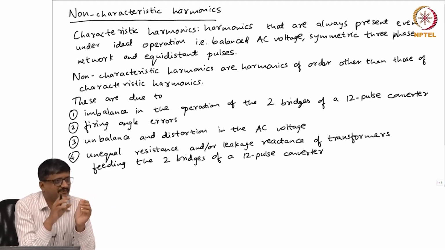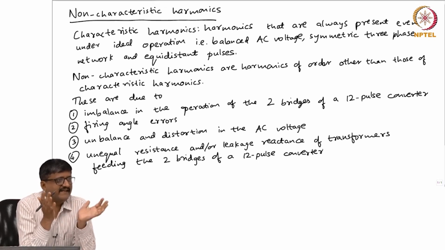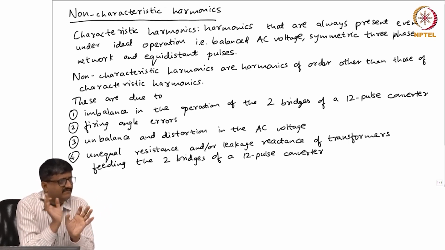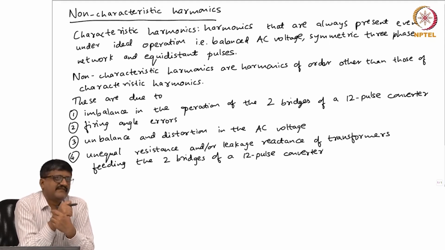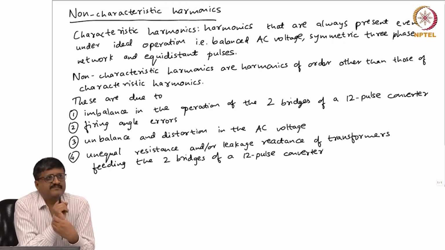So, a few things are stated in order to understand what is happening. Under ideal conditions something happens, but in practice we never achieve that, obviously. But see, the point is this: in theory the fifth harmonic component is 0, but in practice the fifth harmonic component is, say, 0.0001% of the fundamental.